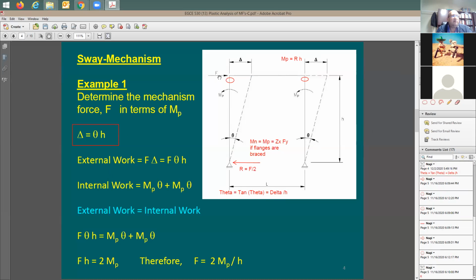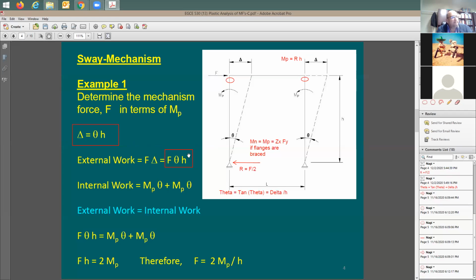If you like, you can take 1/2 of the force multiplied by this delta, and then another 1/2 of the force multiplied by this delta, and it's going to be okay. But I can just say simply, external work is going to be equal to the force times delta, F times delta, right? And from this equation, delta equals theta times H. So I can revise this equation: instead of F times delta, it's going to be F times theta H. This is going to be the external work.